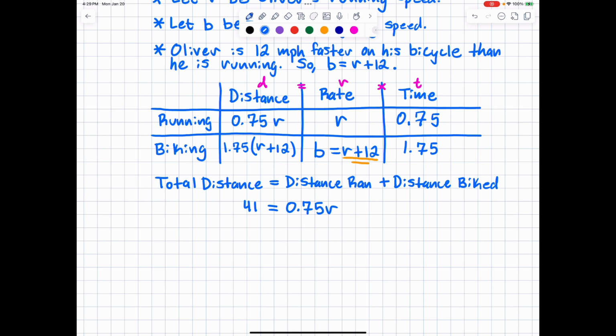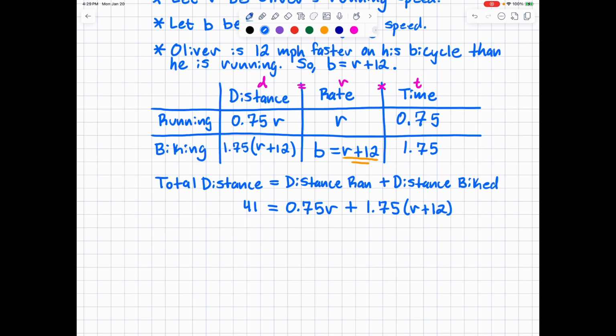Now plus the distance biked. So the distance biked is going to be this here, 1.75 times r plus 12.